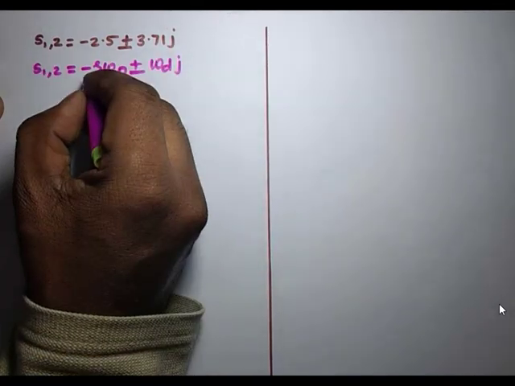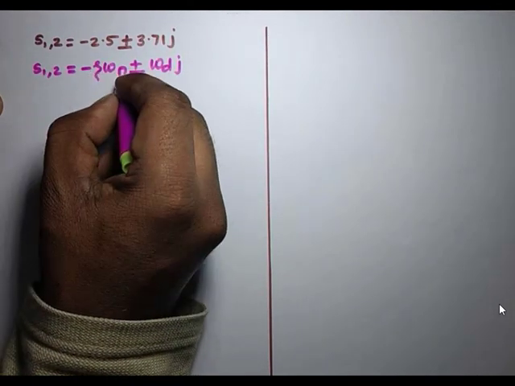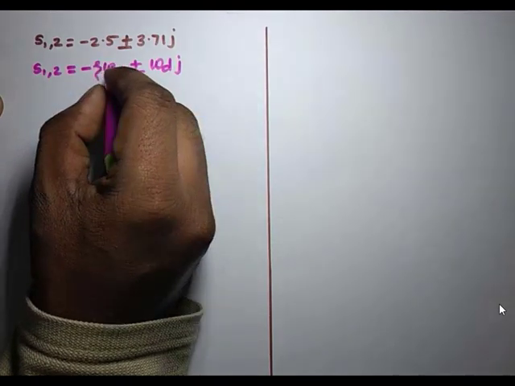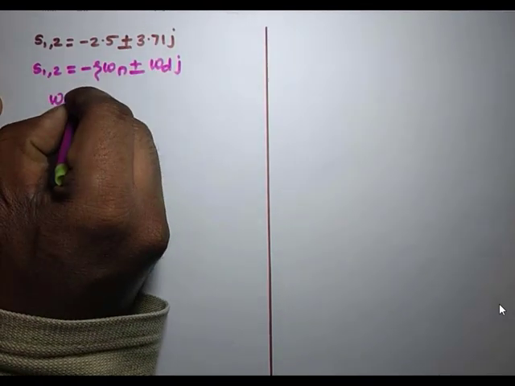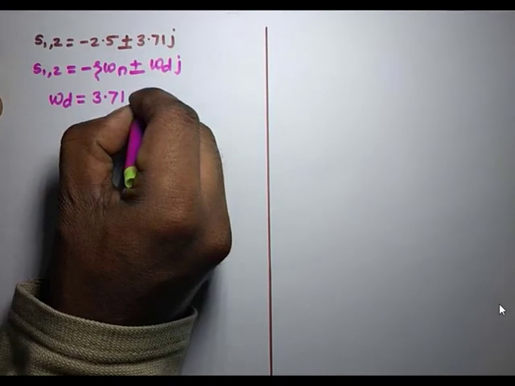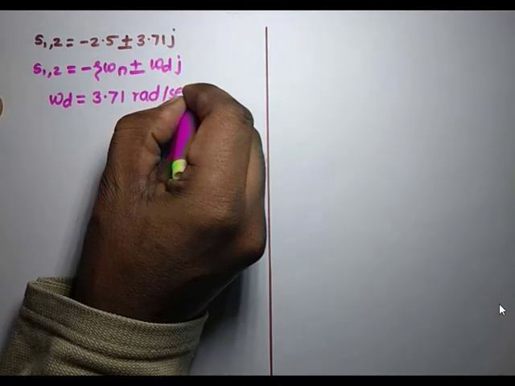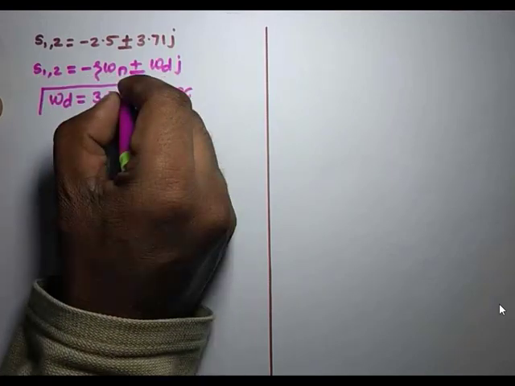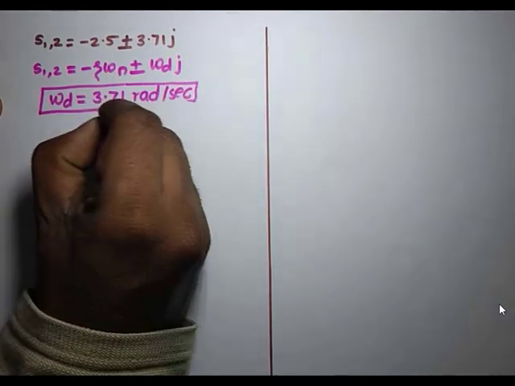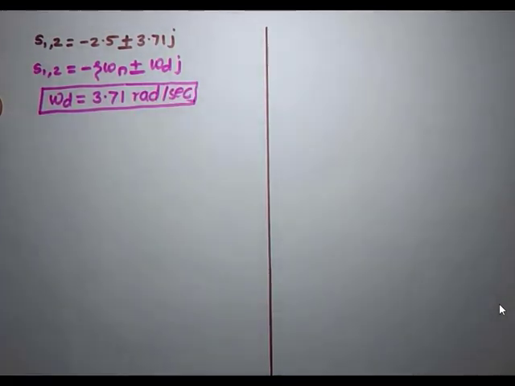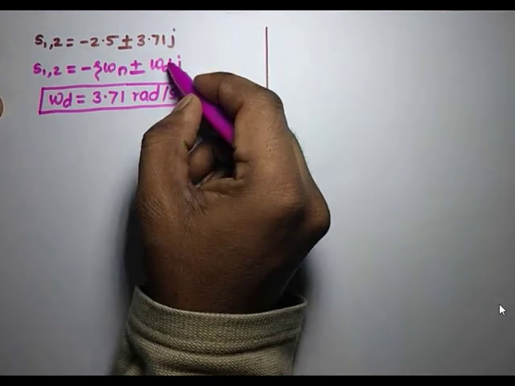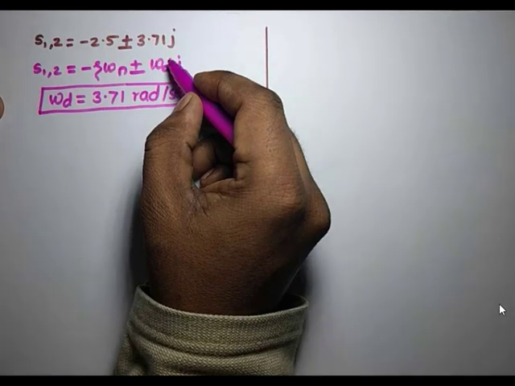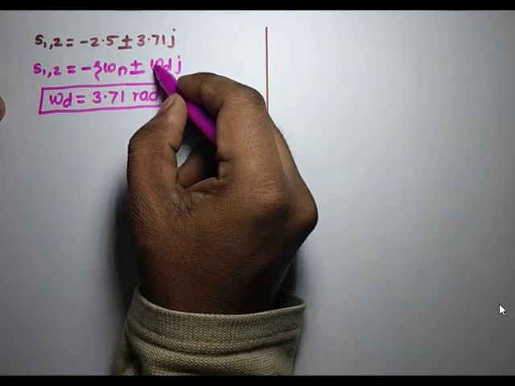If you compare with the standard form of the roots, then easily we can get the correlation, that omega d is equal to 3.71 radian per second. Once we have any one quantity, we can easily determine the other quantities too. So this is one method to determine the damped natural frequency, by comparing the roots itself. If it is a complex conjugate, then we can easily compare these two.